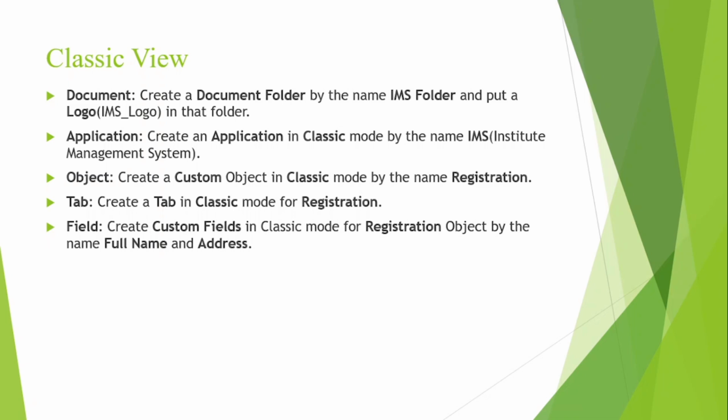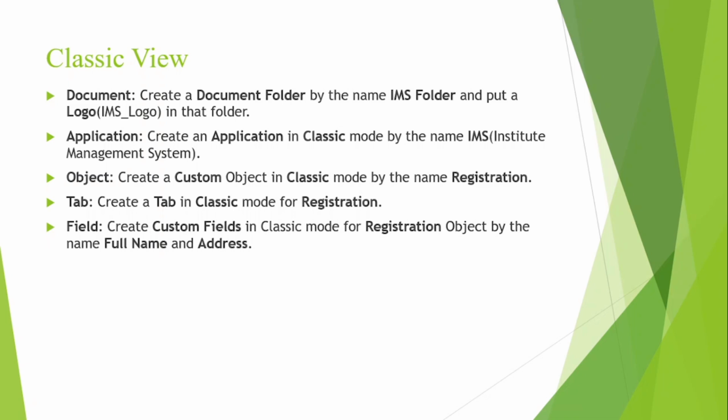Next, we are going to create an application in classic mode by the name IMS, Insured Management System. Then in that application we are going to create an object by the name registration, and that object we are going to show on the tab bar.